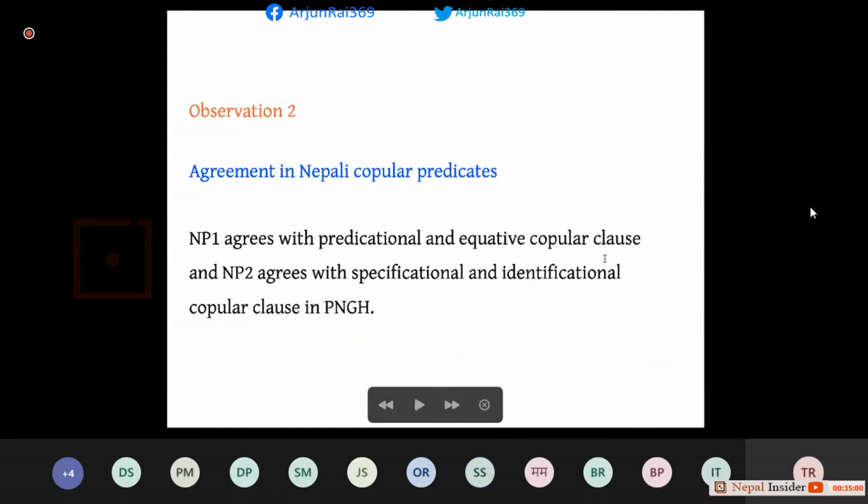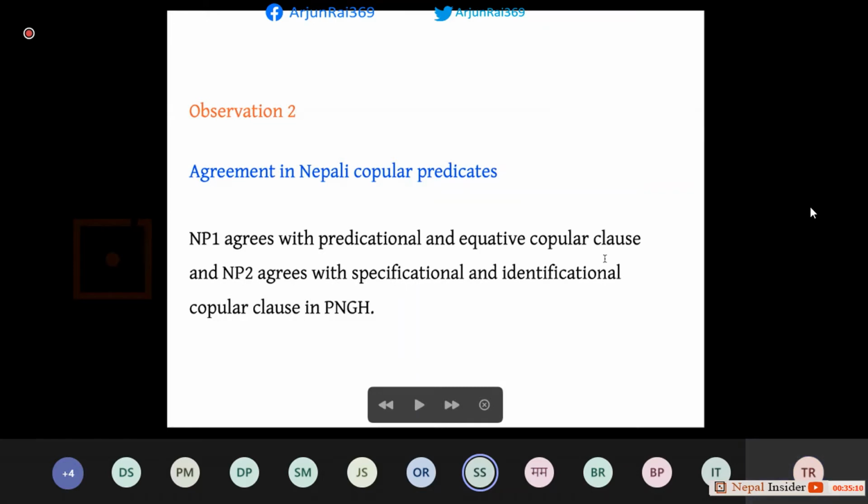Now, if you look at agreement in Nepali copular predicates, what is also found is that NP1 and NP2 are involved. We are looking at a linear sequence rather than word order: whatever begins at the left is NP1, and the noun that follows is NP2.